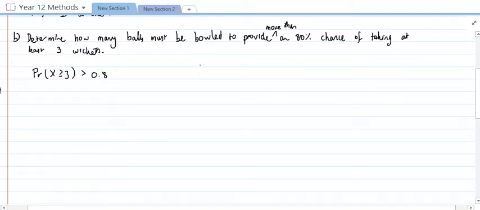So same idea as last time. We're looking here at probability of x equaling 3 plus probability of x equaling 4 plus and on and on. So I don't really want to do all of that work.